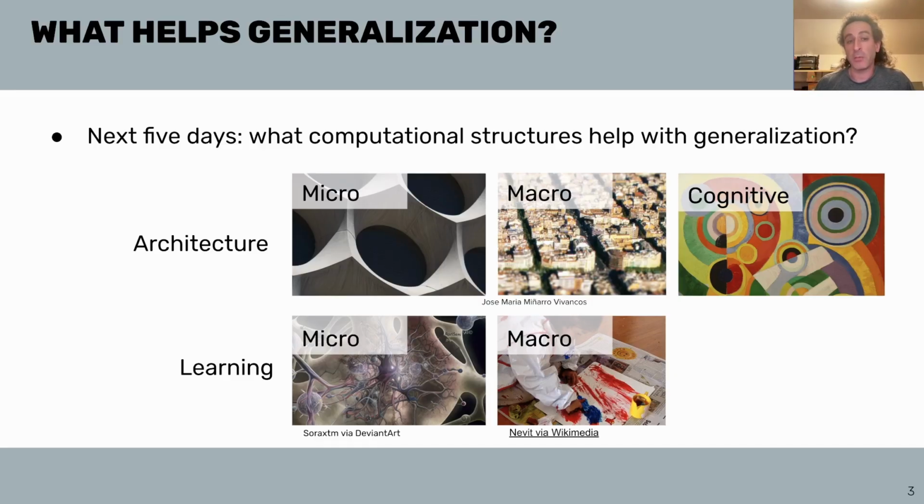Today we'll talk about microarchitecture, tomorrow is macroarchitecture, and then the next day is cognitive structures, in particular neurosymbolic structures. After that, we'll return to learning, where we'll talk about microlearning, aka plasticities, small-scale synaptic rules, and macrolearning, which is more like the objectives and curricula that you follow in order to achieve your goals.